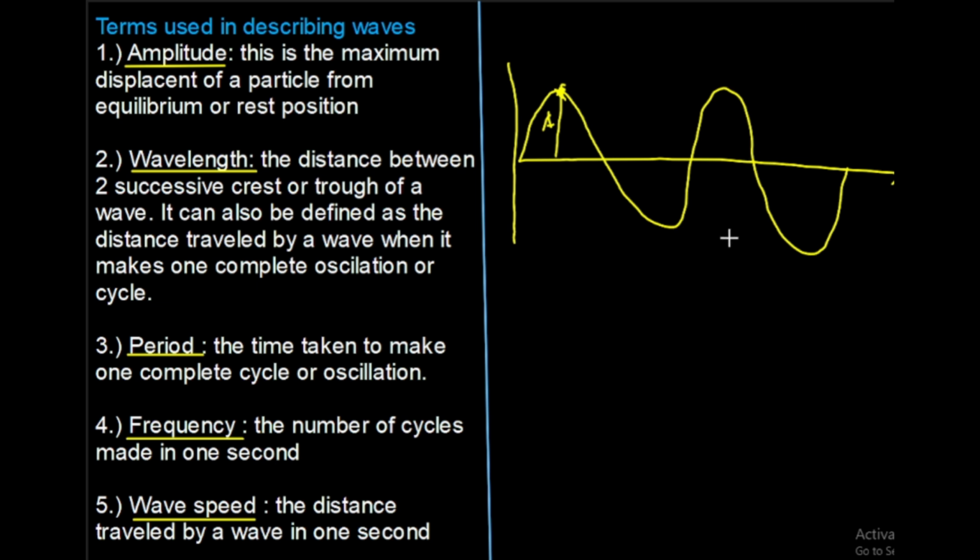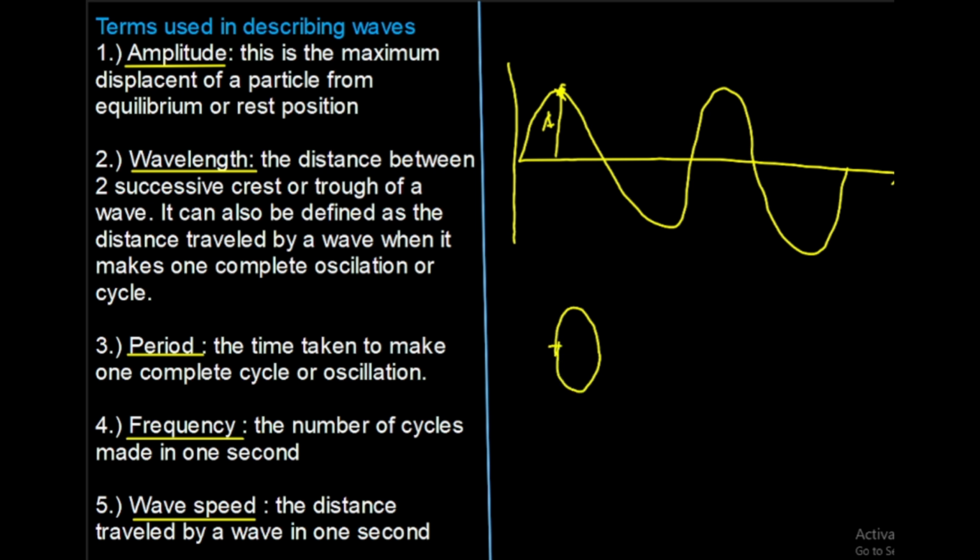Now, wavelength can also be defined as the distance traveled by a wave when it makes one complete cycle. One cycle is simply the distance from this point down to this point. This is what a cycle looks like.